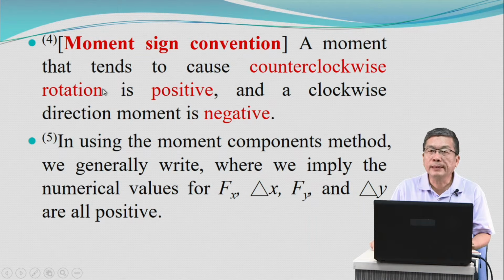A moment that tends to cause counterclockwise rotation is positive, and a clockwise direction moment is negative. In using the moment component method, we generally write the equation where we imply the numerical values for F sub x, delta x, F sub y, and delta y are all positive.